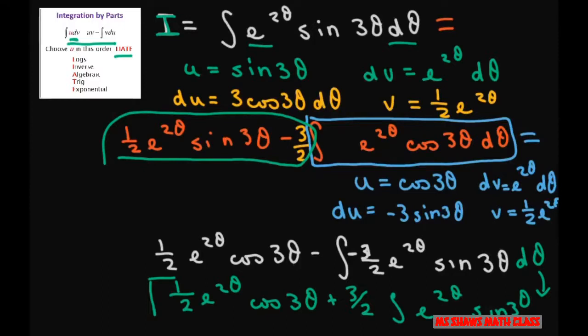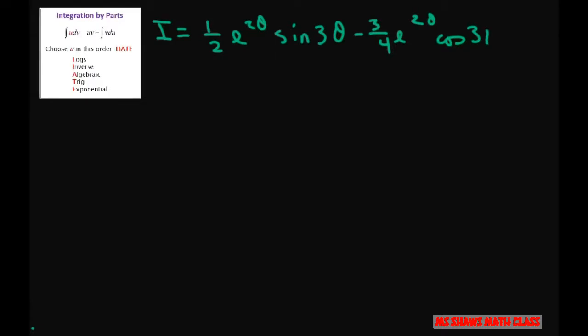What I'll get is, your integral equals 1/2 e to the 2 theta sine of 3 theta, minus 3/4 e to the 2 theta cosine of 3 theta, minus 9/4 of my original integral.